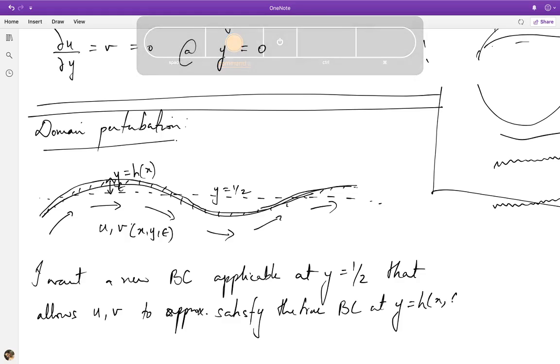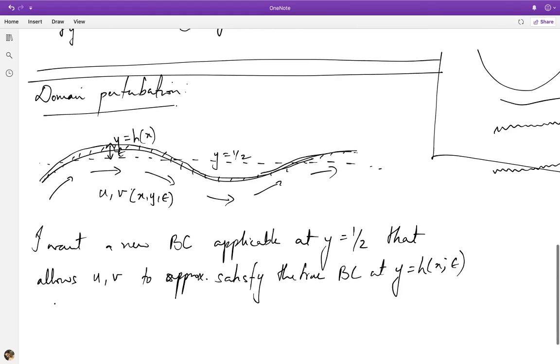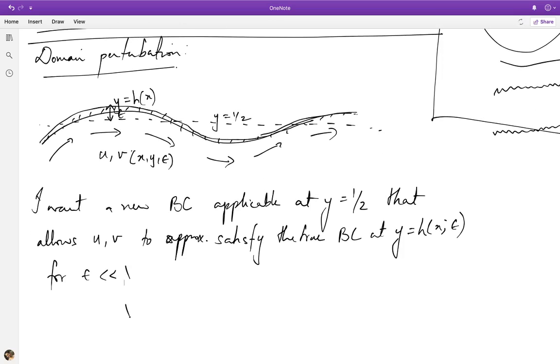So it's h of x comma epsilon really, of course, for small epsilon. So this is what I'm really after and at the core of the domain perturbation method.